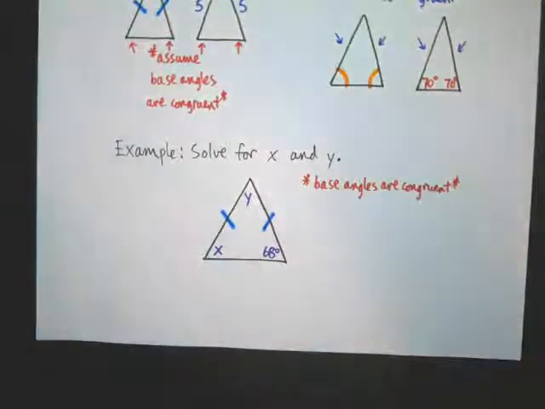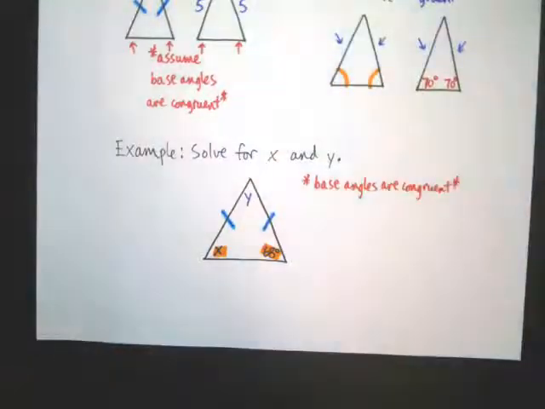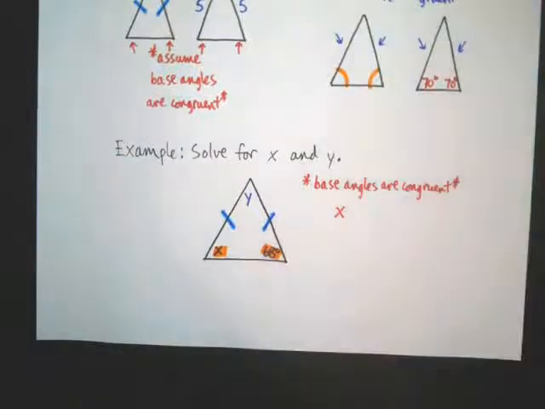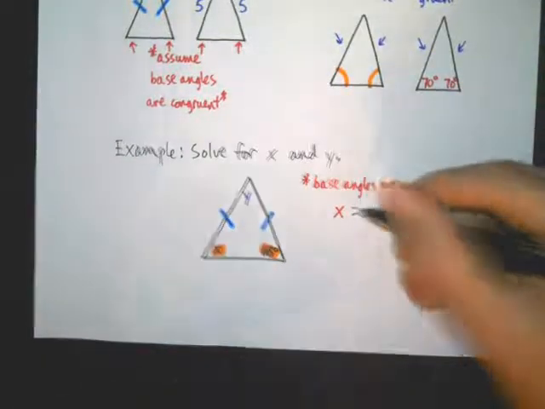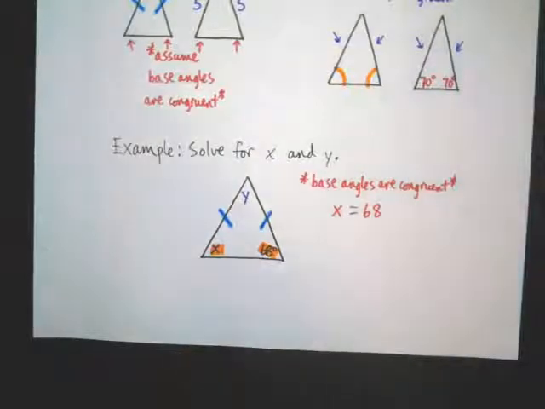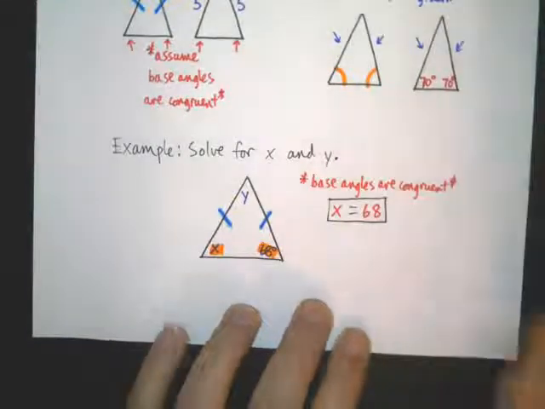The base angles are x and 68. So I'm going to go ahead and say x equals 68. And this is friendly so far because we don't have to do any algebra. So x equals 68.